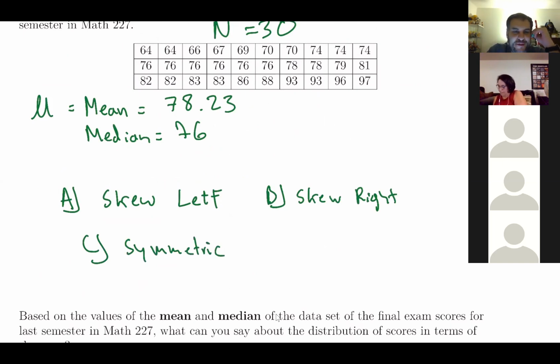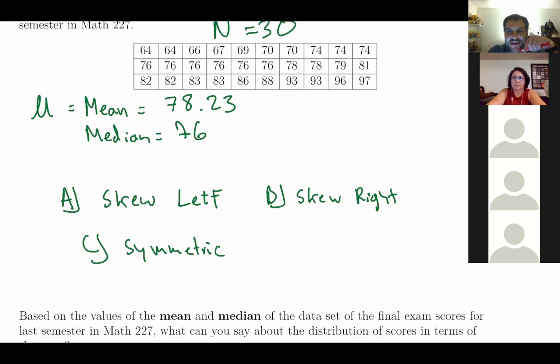All right, cool. So I'm going to do a poll right now. I just want you to say A if it's skewed to the left, B if it's skewed to the right, or C if it's symmetric, based off of the mean and the median that we found. All right, cool.